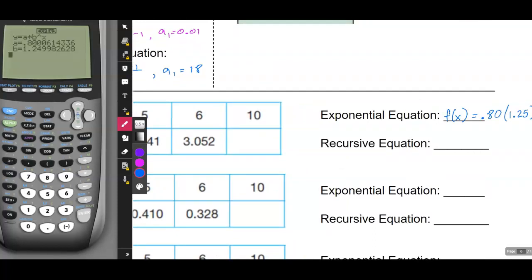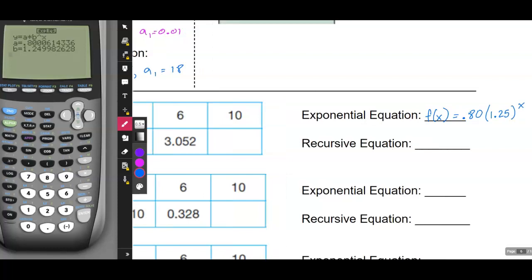How can you do it? You just type in 0.80 times 1.25 raised to the power of 10. And you get 7.451.